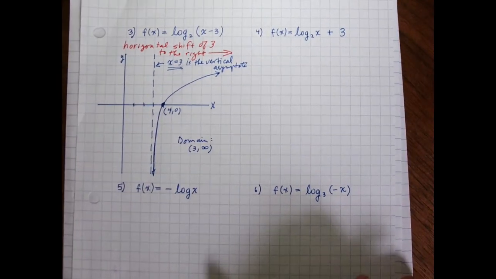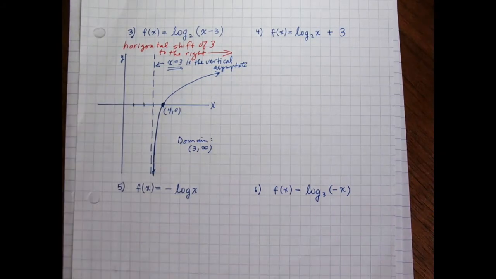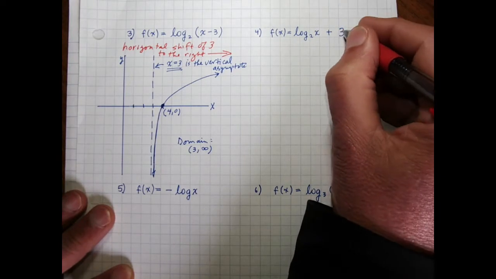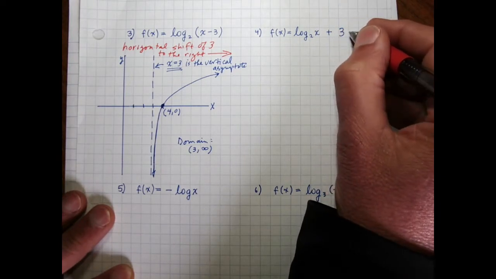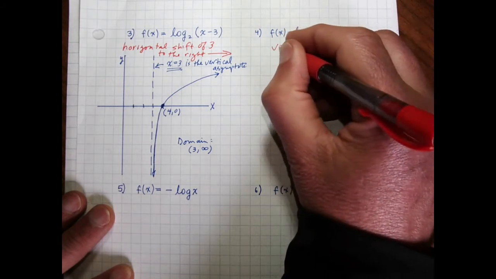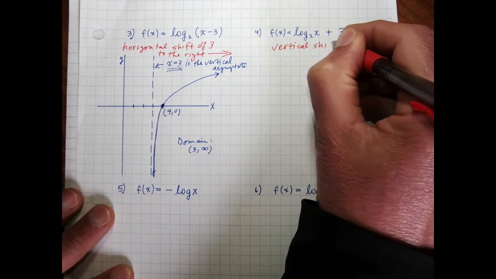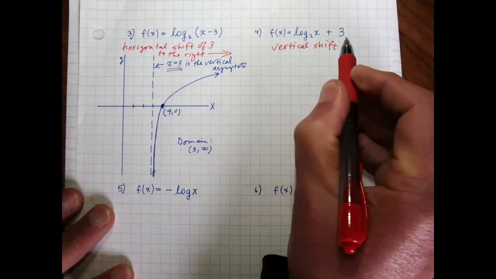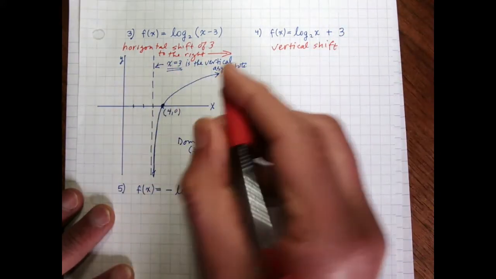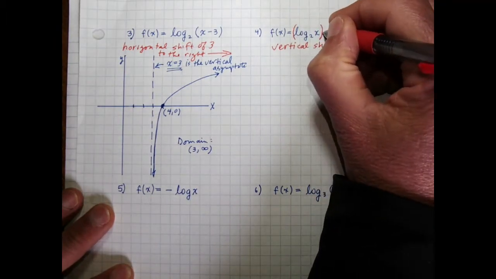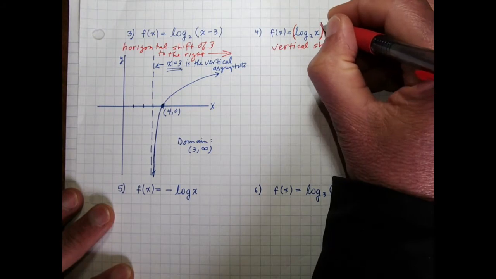All right, number 4. So another transformation in number 4, and I think you remember when you add outside the function that it's a vertical shift. Now, there's a convention in notation that sometimes people might say, well, how do you know the 3 is outside? It's always understood that there's grouping around that log base 2 of x.